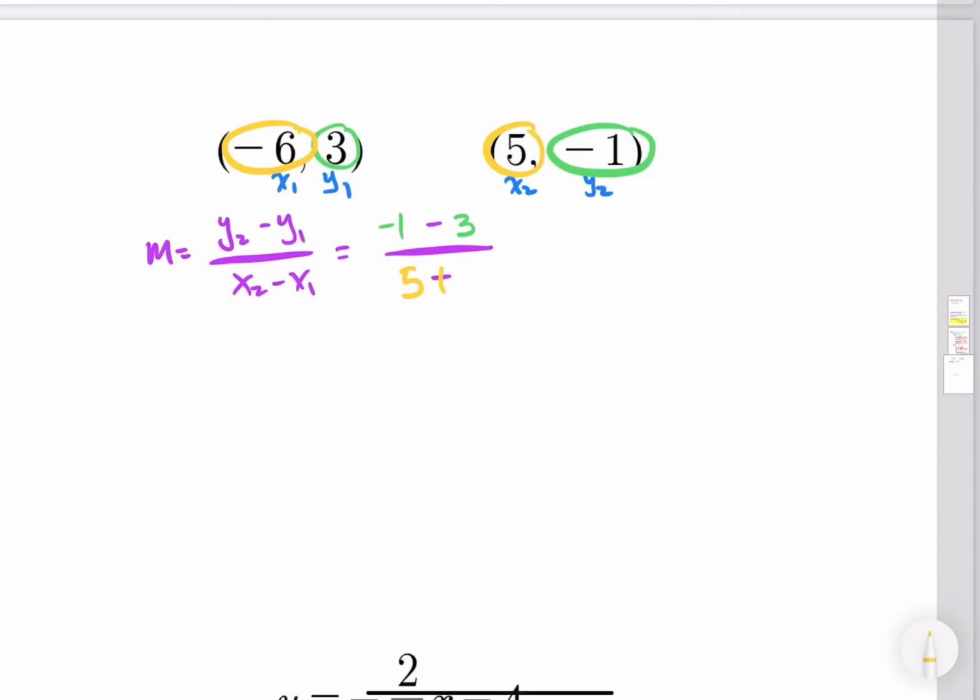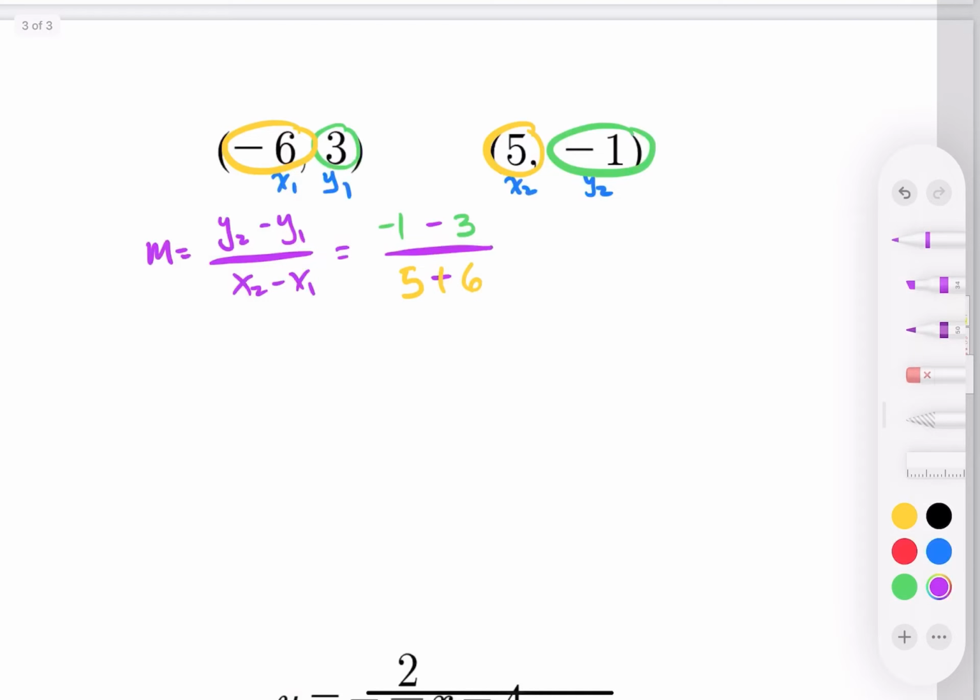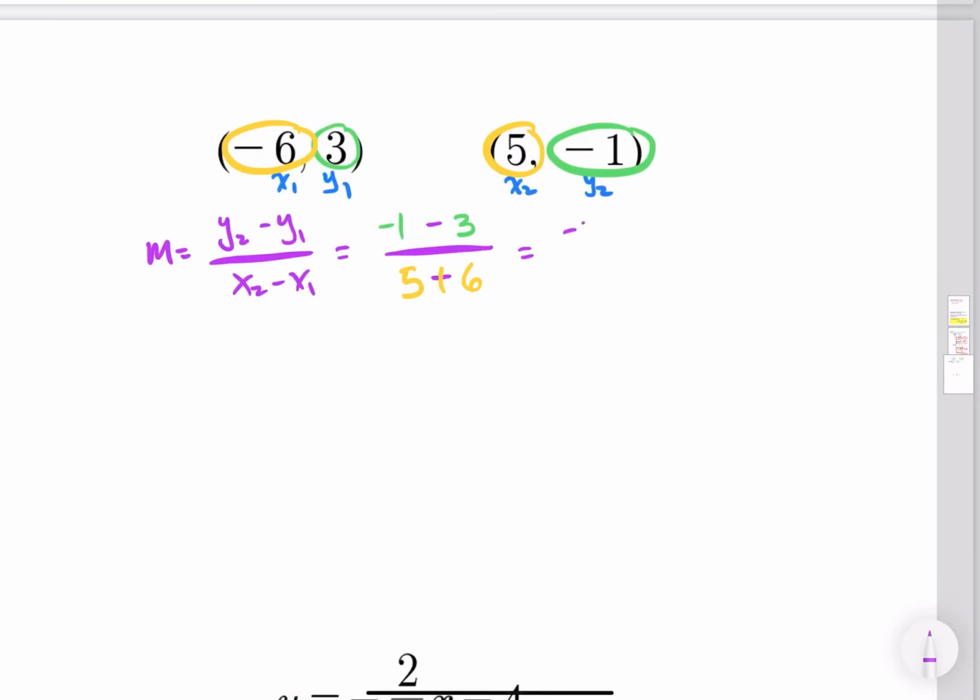Well, minus a negative is a positive. So that means 5 plus 6. And all we got to do is the math. So negative 1 minus 3 is negative 4. And 5 plus 6 is going to give us 11. Now, we would simplify this if possible, but we can't. So we now know that our slope, m, is equal to negative 4 over 11.